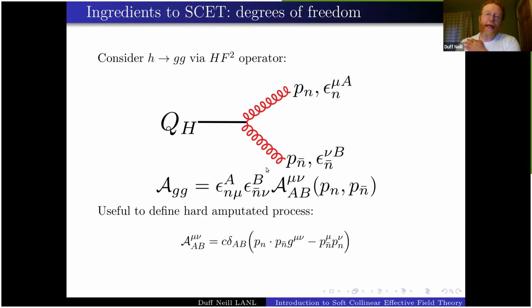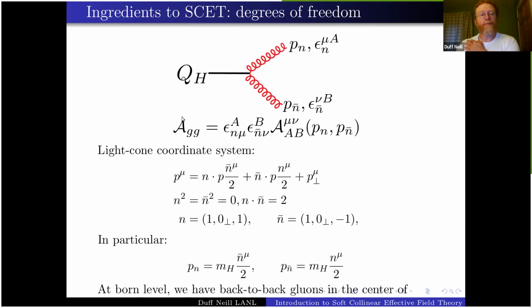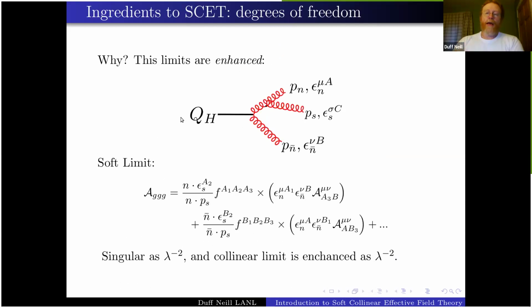And we can think about a related process where we brim off an extra gluon and ask what happens. In particular, what's going to be interesting when I add this extra gluon into the diagram and I calculate what this diagram is, I will find that particular limits of this diagram are enhanced.